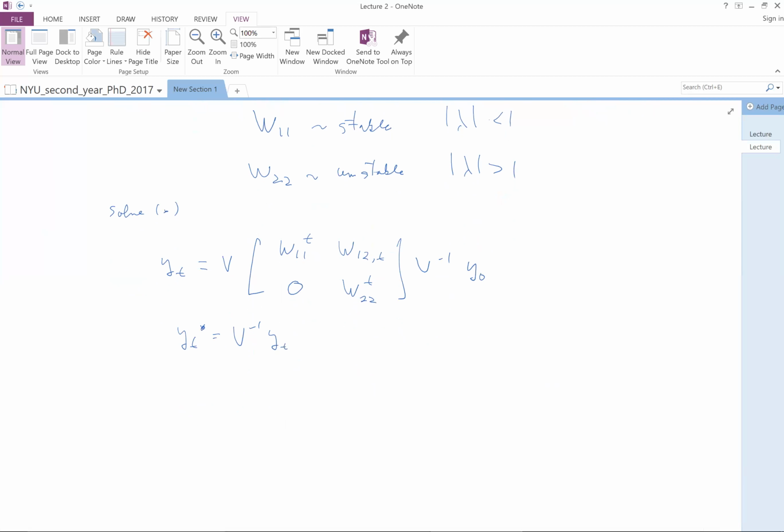So yt star is just a linear combination of the yt's, where the linear combination is determined by the inverse of V. So now I'm going to write this system like this: y1t star, y2t star. That looks like this.